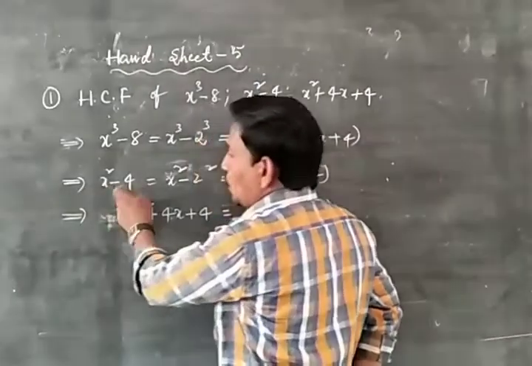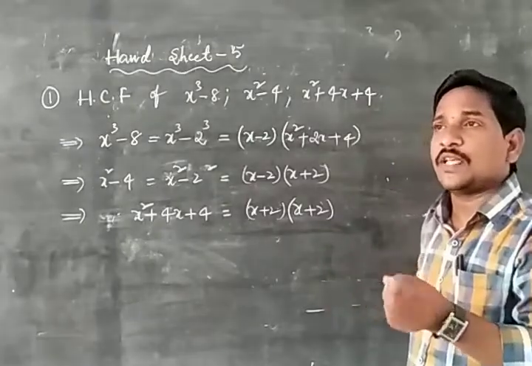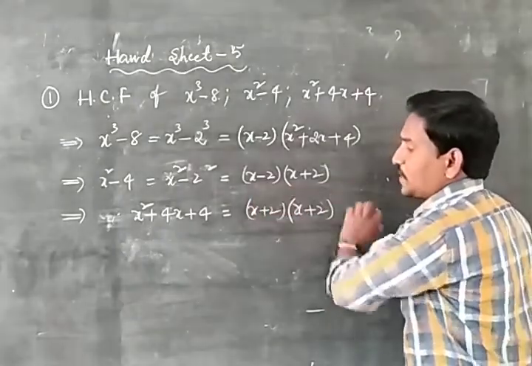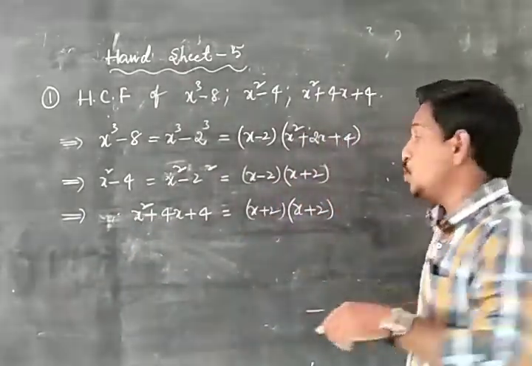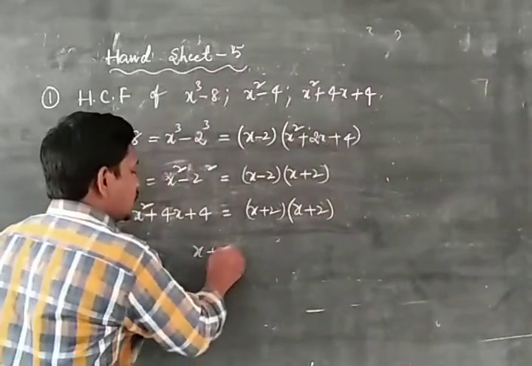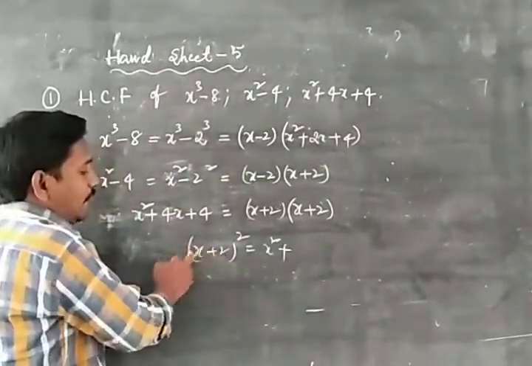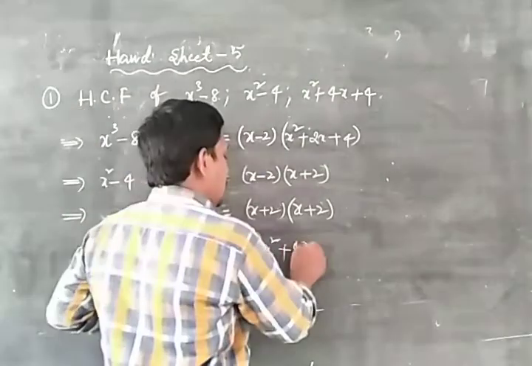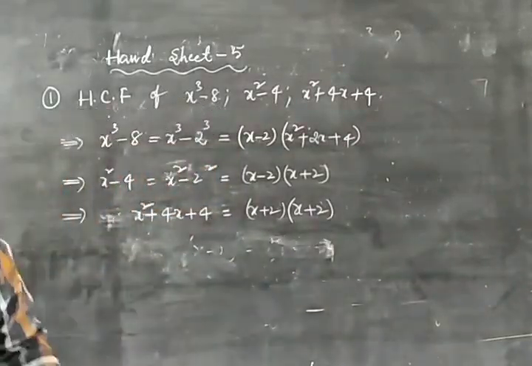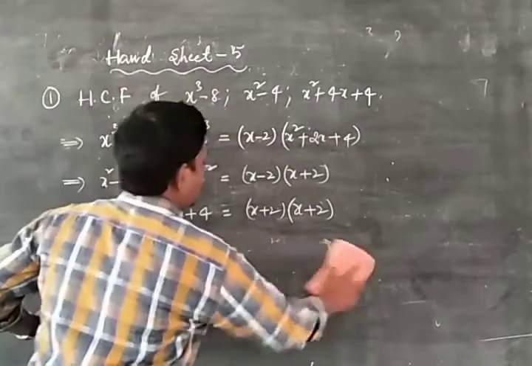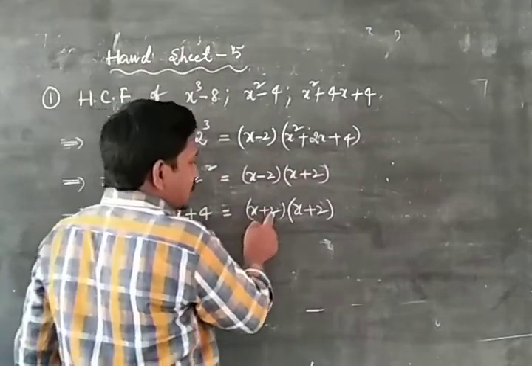Now x square minus 4 is written as x square minus 2 square, a square minus b square, formula a plus b into a minus b. x square plus 4x plus 4 is written as x plus 2 whole square: a square means x square, 2ab, 2 twos are 4, 4 into x is 4x, plus b square, 2 square means 4. So x square plus 4x plus 4 is x plus 2 into x plus 2.